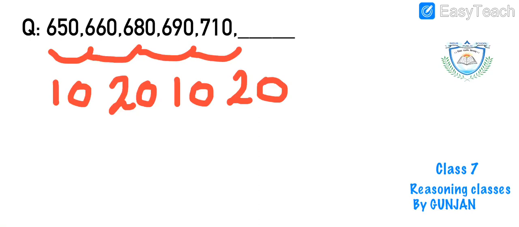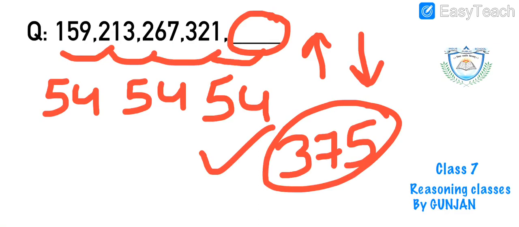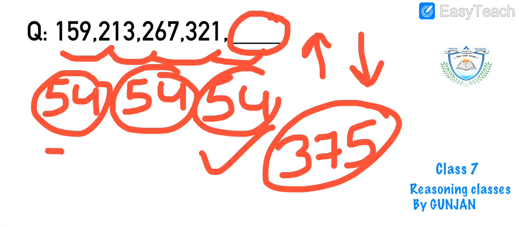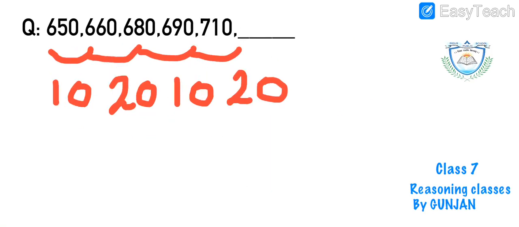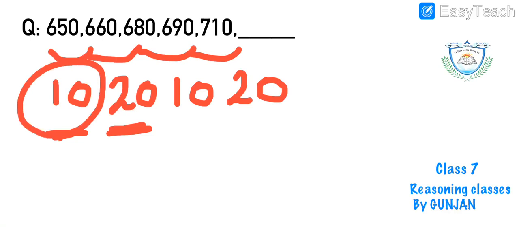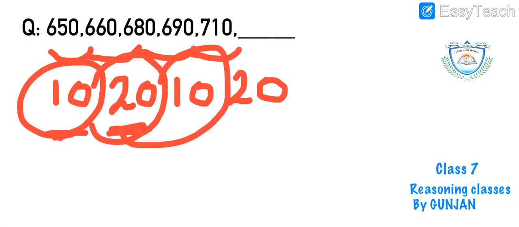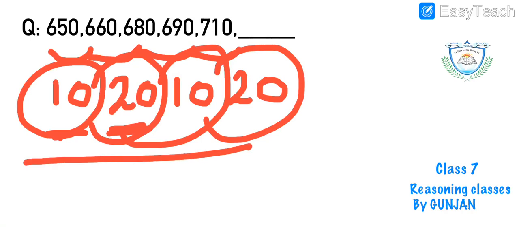Now, unlike the previous question where the difference between each number is same, here we have a pattern in which first two numbers carry a difference of 10, second two numbers carry 20, third 10, and then again 20.